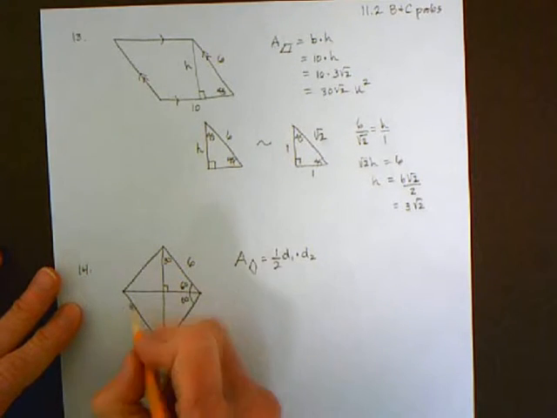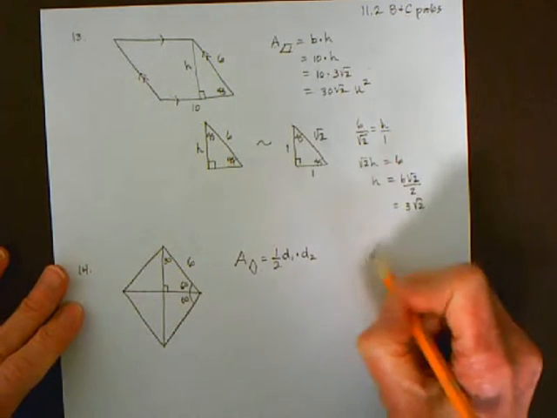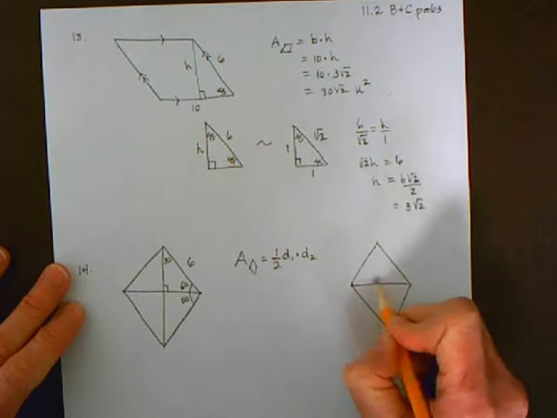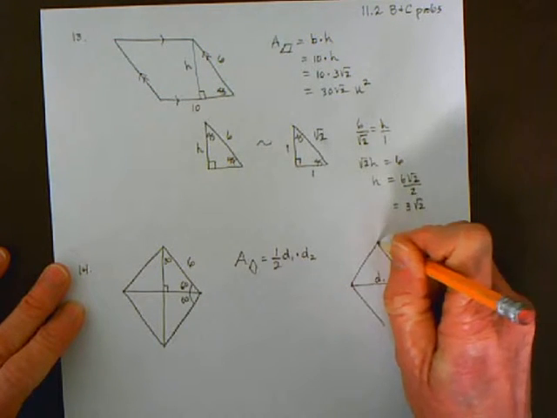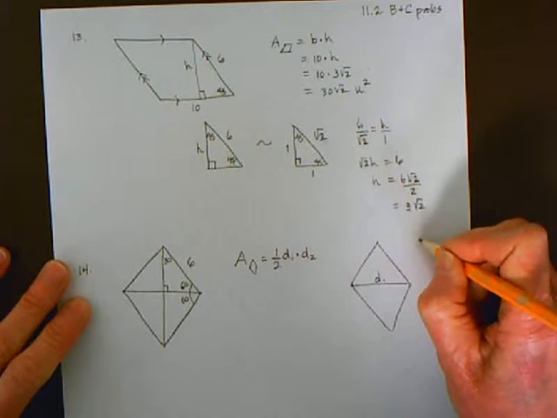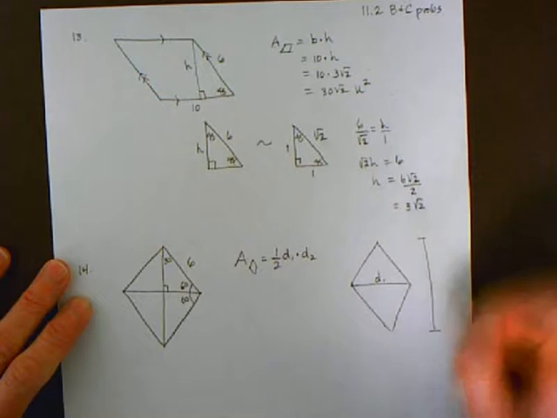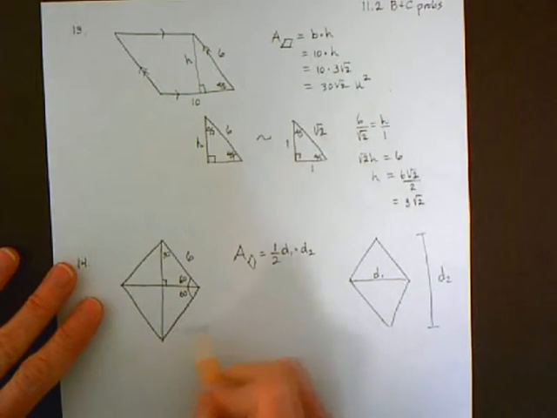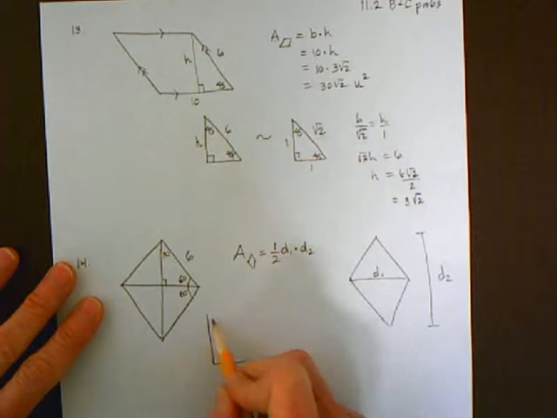Okay, so we'll call this guy diagonal 1 right here. All right, and then this guy we'll call diagonal 2, this vertical diagonal. All right, so let's look at this triangle here and see what we have.